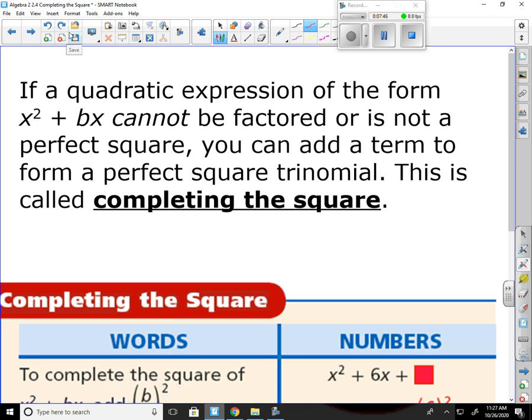Now, if a quadratic expression of the form x squared plus bx cannot be factored, or is not a perfect square, then you can add a term to form a perfect square trinomial. This process is called completing the square.